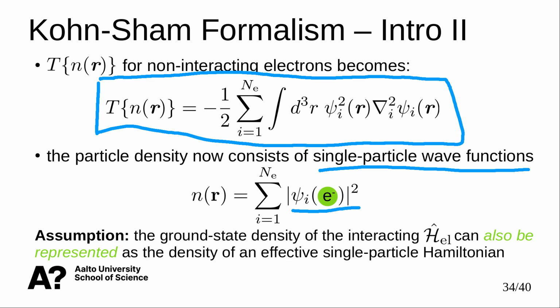So in contrast to Thomas and Fermi, what Kohn and Sham did by taking non-interacting electrons into account is that they realized that solving that problem for interacting electrons is quite a challenge, and Thomas and Fermi failed to do that.